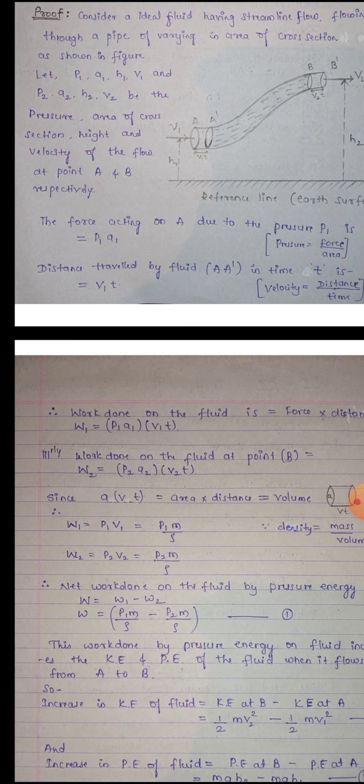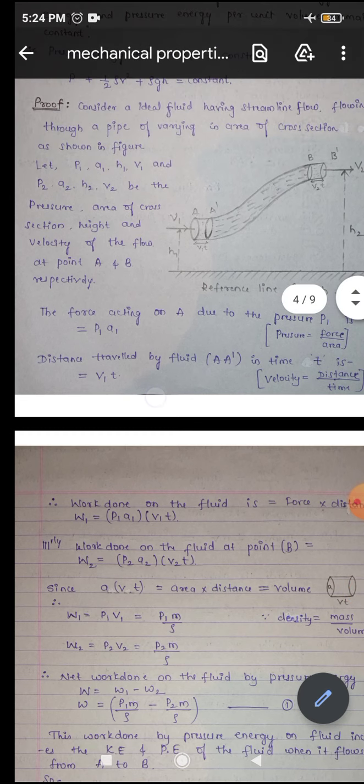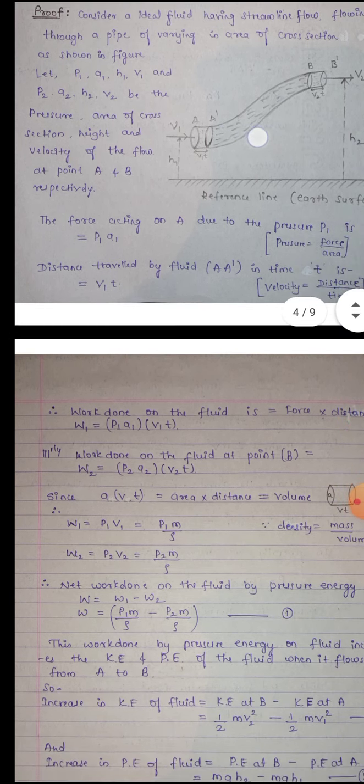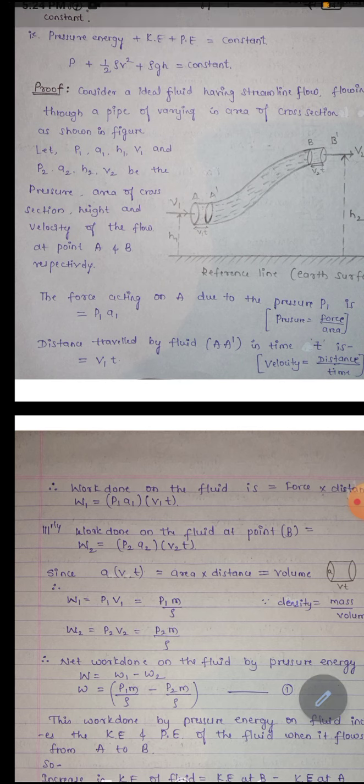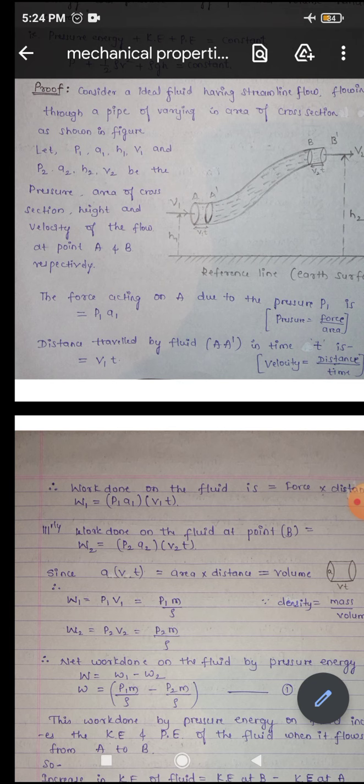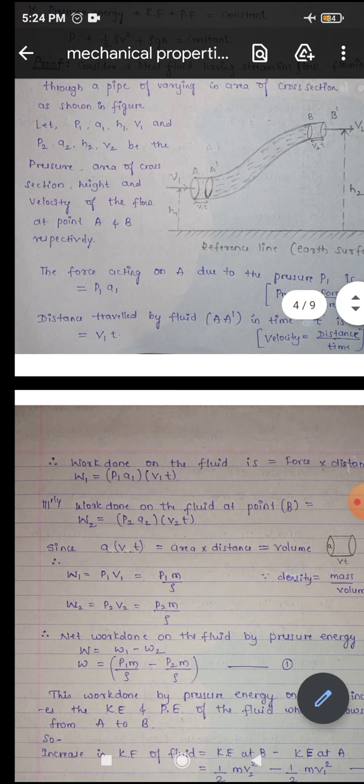So when we apply certain pressure at the end A to this fluid, then the fluid starts to move. As the fluid is moving through this tube, it is gaining kinetic energy. So on applying the pressure energy at point A, the kinetic energy goes on increasing from A to B point.